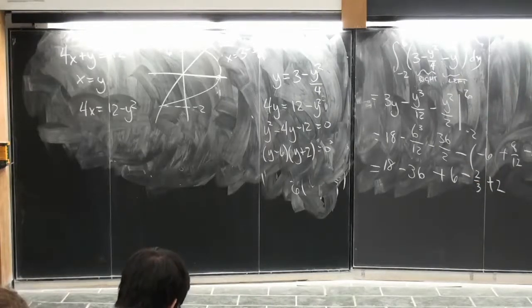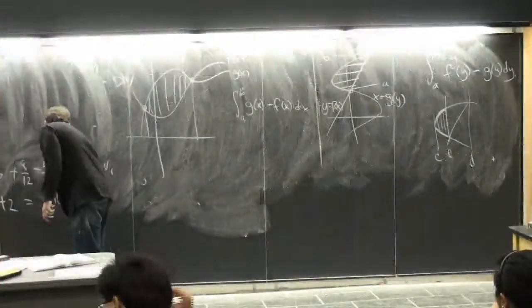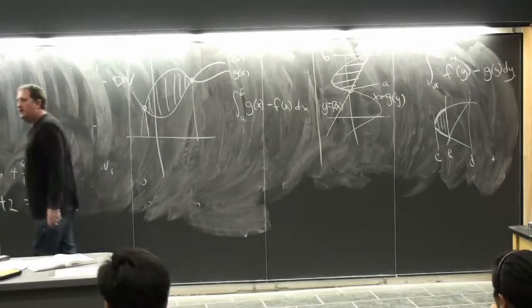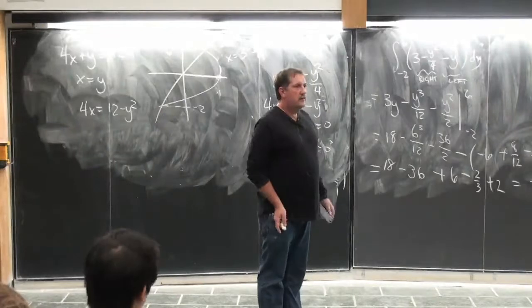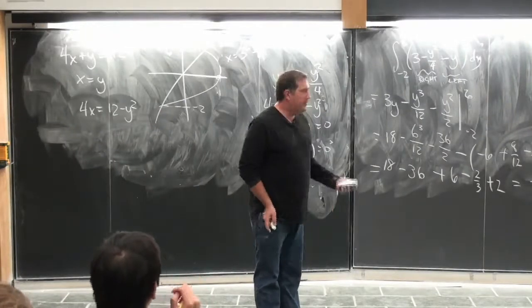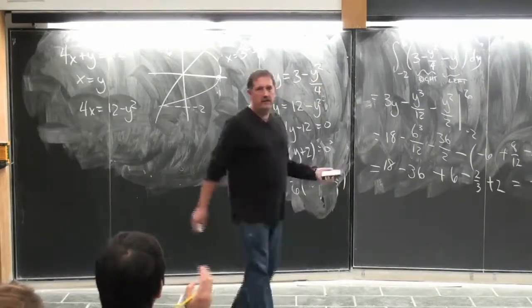It's some number. This is minus 18 plus 6 is minus 12 minus 10. So I get that, but maybe I screwed up. Okay? So, I mean, these are all this kind of thing.